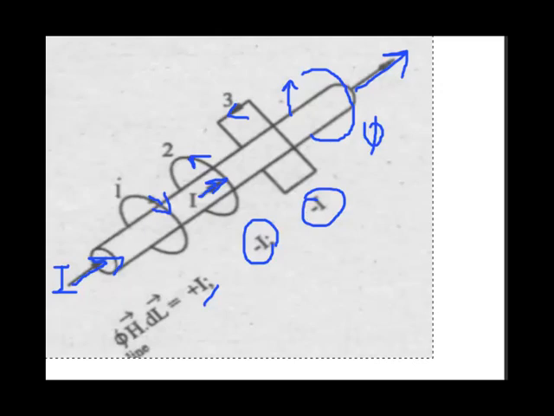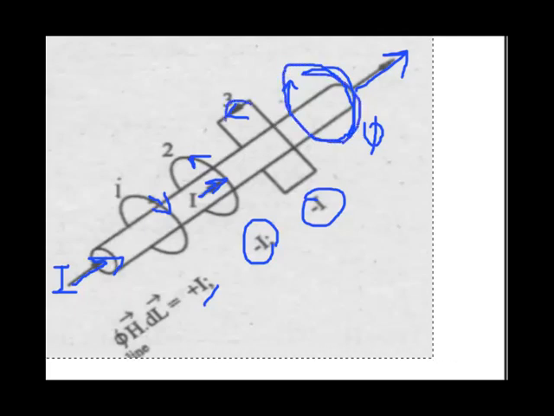Then the next case is that you can enclose the conductor in integration. If you are integrating here, you are actually enclosing the conductor within your integration. You are not integrating a part of the conductor, you are integrating the complete conductor.